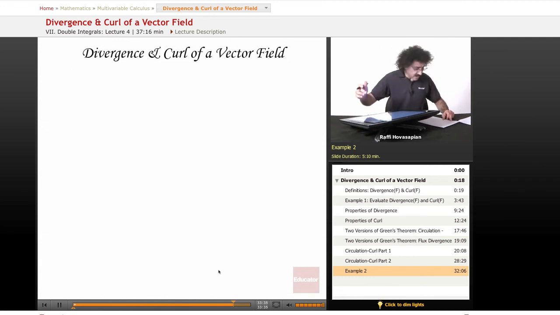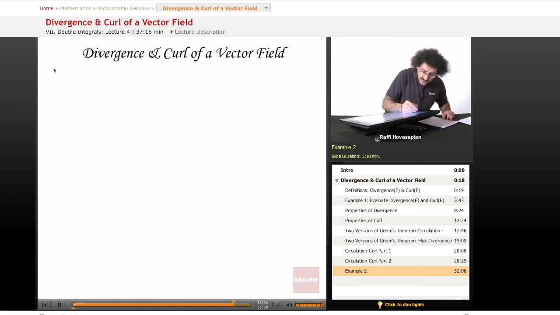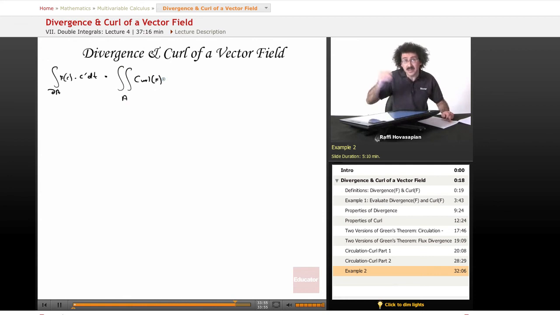So now let's go ahead and solve this. Green's theorem says that the integral over a closed curve of this vector field dotted with c prime, in other words, the circulation, is equal to the double integral over that of the curl of f. It's often a good idea to repeat the formula, write it over, dy dx.